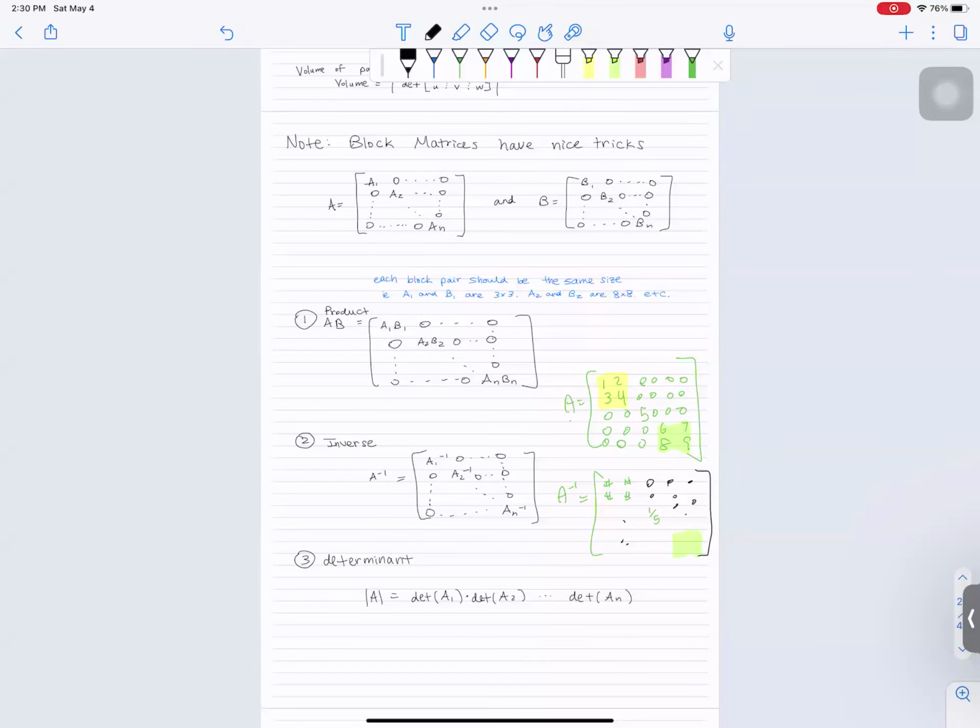Let me see. Let's vote. Do you want an estimating problem or an error problem? Estimating problem, thumbs up.